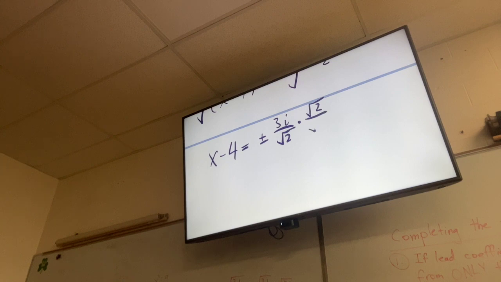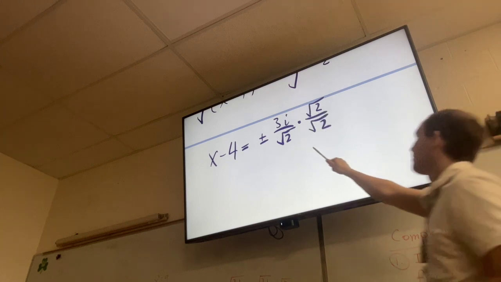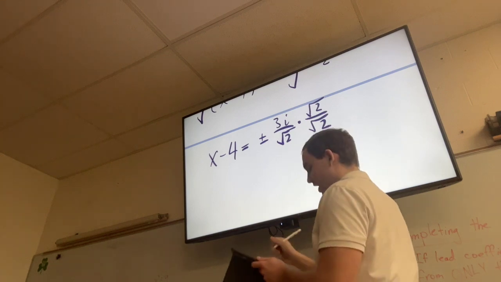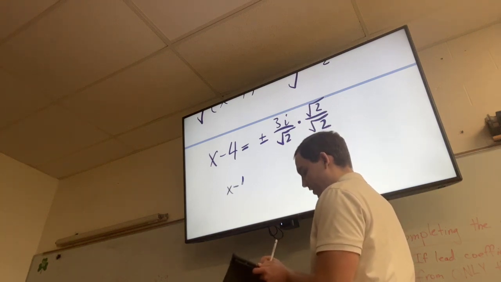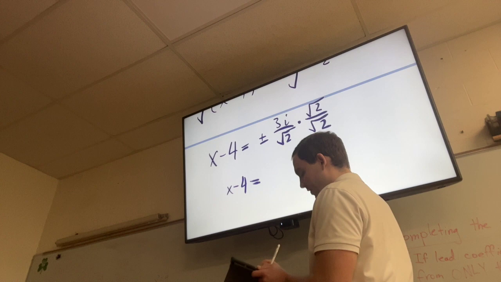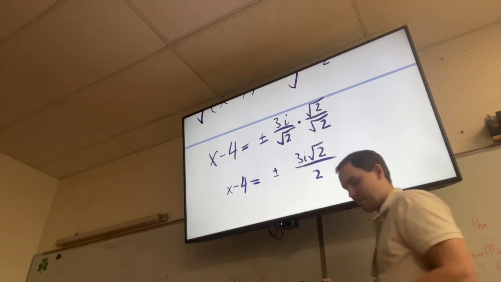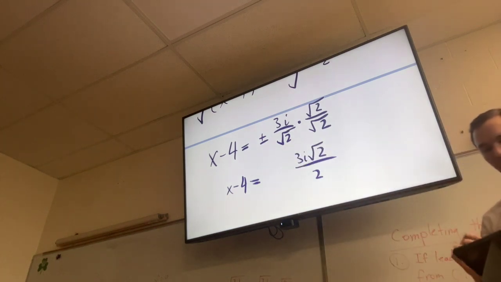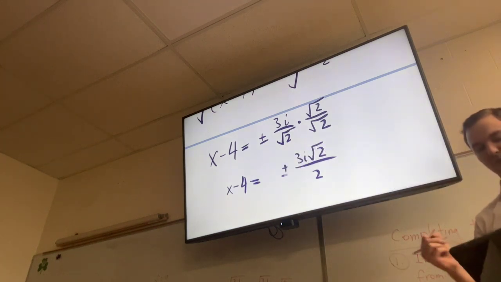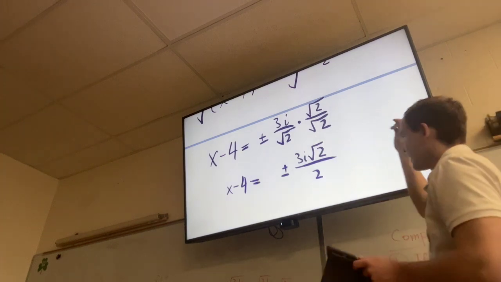I multiply the top and bottom of that fraction by the square root of 2, by whatever is down here in the bottom, okay? So the bottom just becomes a regular 2, so I have x minus 4 equals something over 2 plus or minus something over 2, and the top becomes 3i root 2, okay? So we essentially do a little trick that allows us to move that square root to the top, okay?